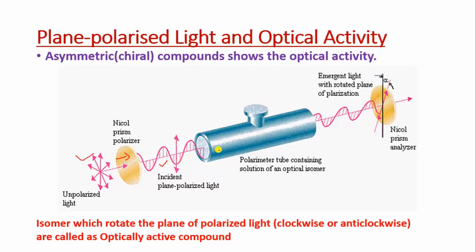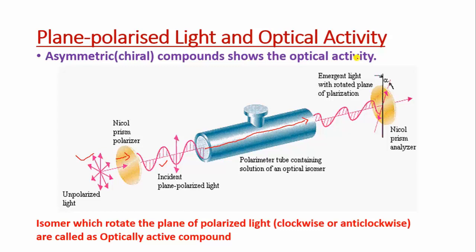This plane polarized light passes through the tube containing a solution of optical isomer, and this optical isomer rotates the plane polarized light by some angle. So an isomer which rotates the plane of polarized light, clockwise or anti-clockwise, is called an optically active compound.